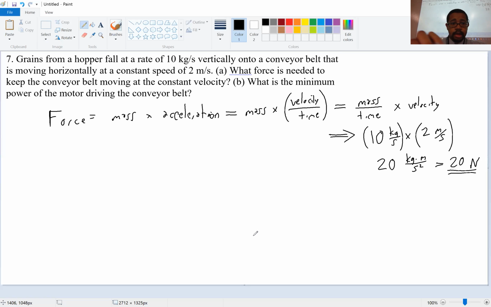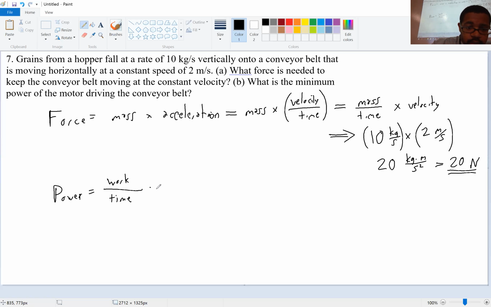Okay. Now let me see. We're talking about power. So what is power? Power is the amount of work you can do in a certain time. The more work you can do in a little amount of time, the more powerful something is. So that's how you think of that.